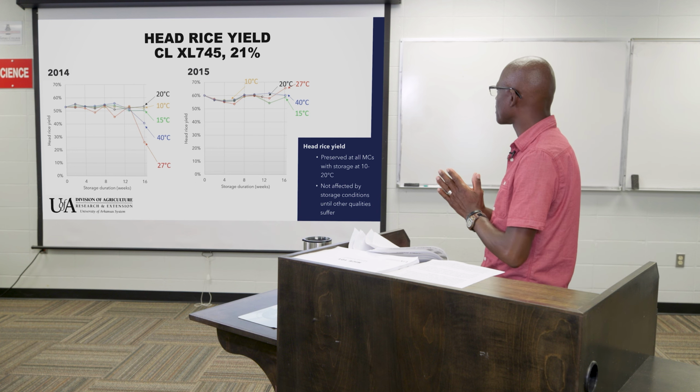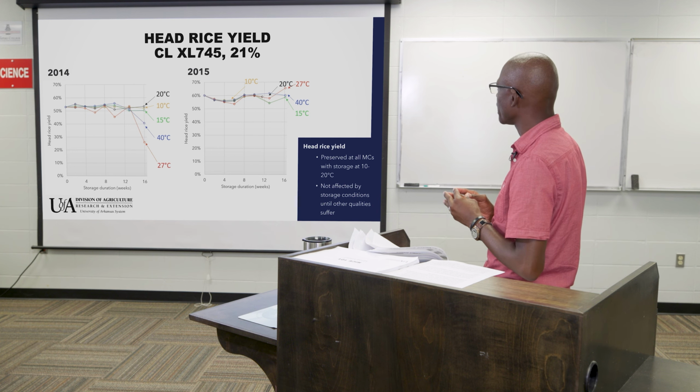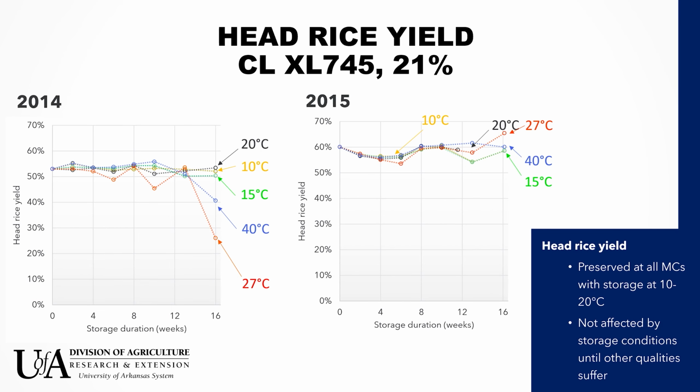The next aspect I wanted to explain is the head rice yield, a very, very important parameter for the growers. It shows how much rice eventually comes out as whole rice. What we see from these figures is that it's not significantly influenced by the storage temperatures for a considerable duration.